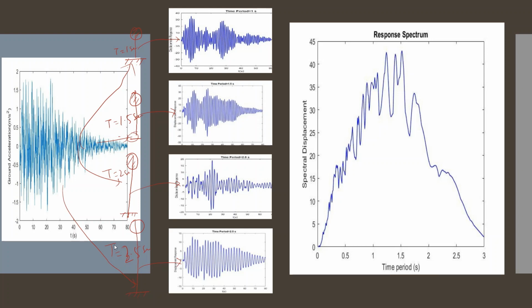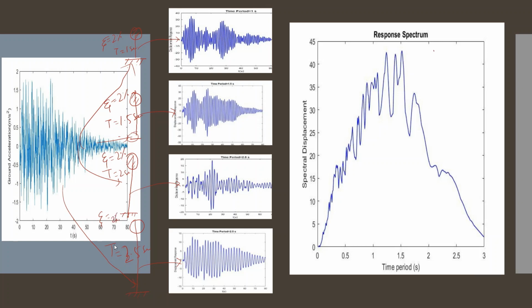Okay, so for each individual structure, the common thing is that all have 2% damping. It may be 5%, any constant damping. We are just considering a numerical value of 2% damping.